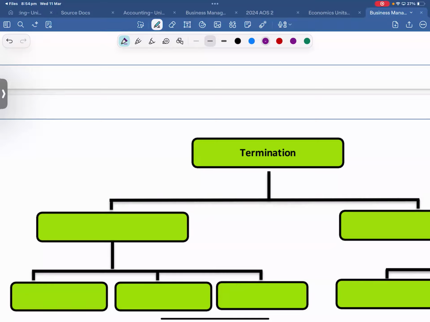Termination. The other method is resignation. That means you resign, so you quit. Every job has space or room for resigning. Anytime you want to leave, you can leave. However, you have to give enough notice. That depends. It can be 2 weeks, it can be 1 week, it can be a month, 3 months.